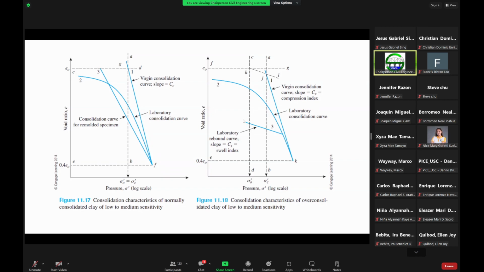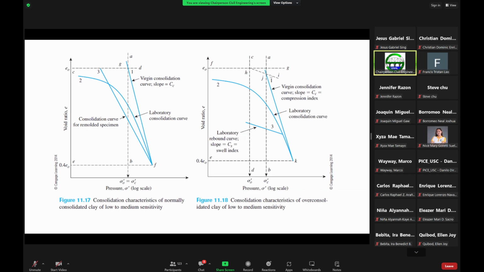So with respect to this curve, if you project this up and intersect it here with the virgin consolidation curve, this intersection is what you call the pre-consolidation pressure in the pressure plot.